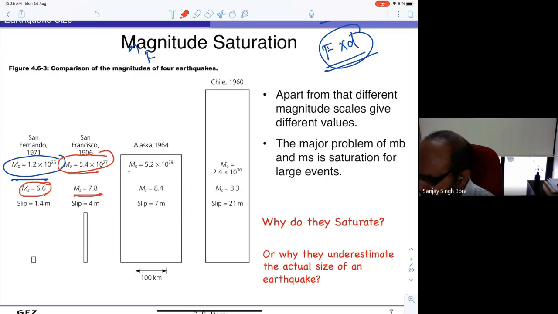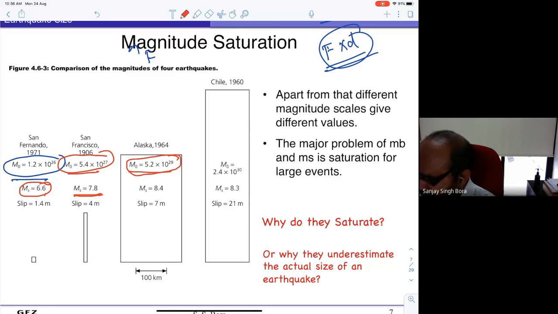The Alaska earthquake was in 1964. You see the change in M0: the factor is now 100, because this is 10 to the power 27 and this is 10 to the power 29. That much difference is there.